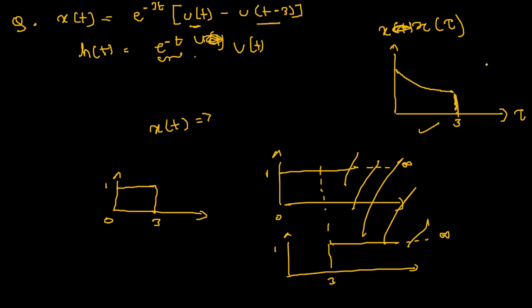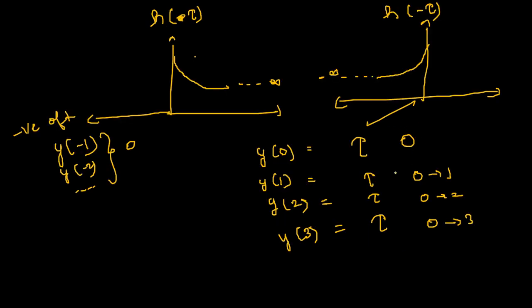So regardless of how much you shift your function to the right, the common region will always remain between 0 and 3. After that, you are not going to have any common region.